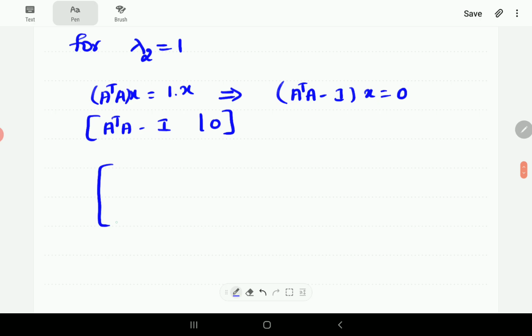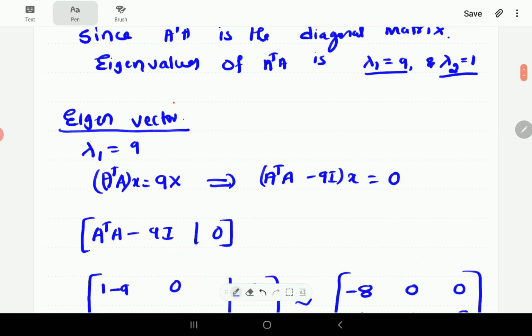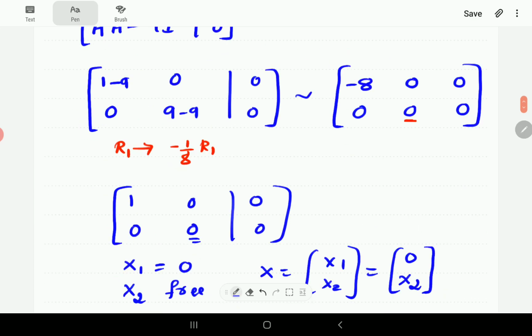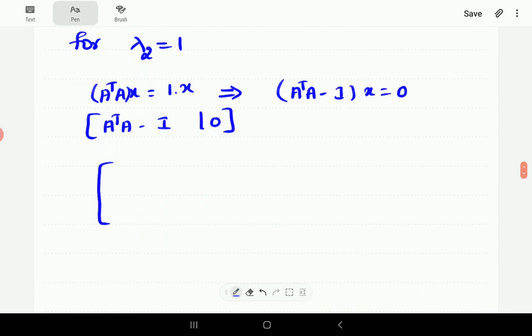So what is our A transpose into A? A transpose into A is 1, 0, 0, 9. If you see, from the diagonal elements I have to subtract 1, okay, so augmenting this with 0.